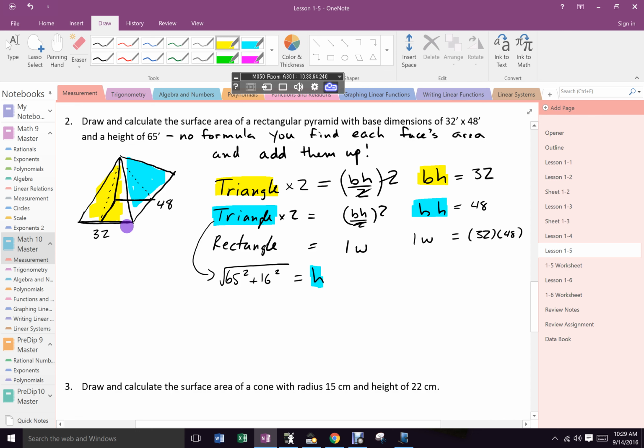The yellow triangle h is what? Still 65 squared plus what? What's this distance? 24. Gets me the yellow triangle's h.